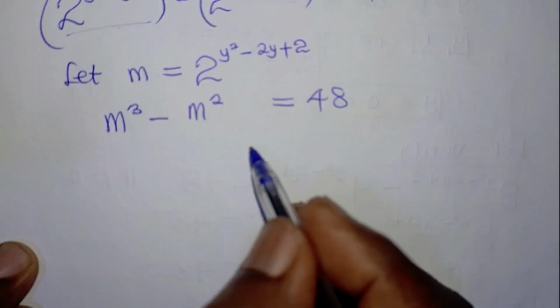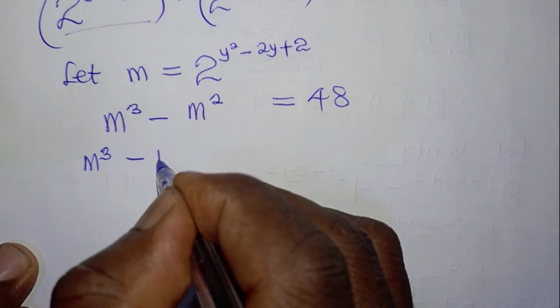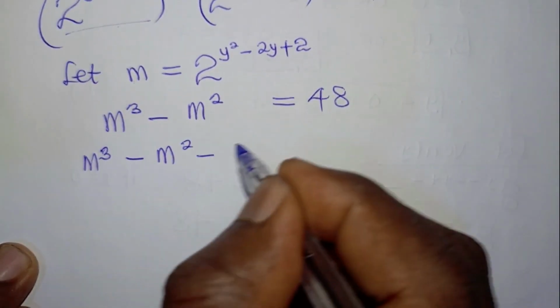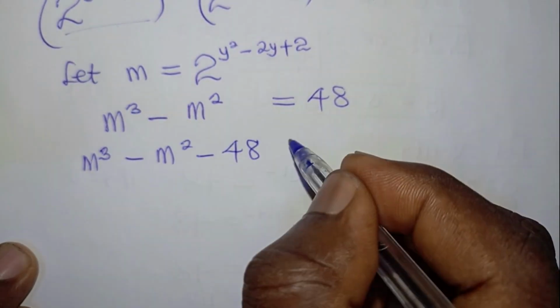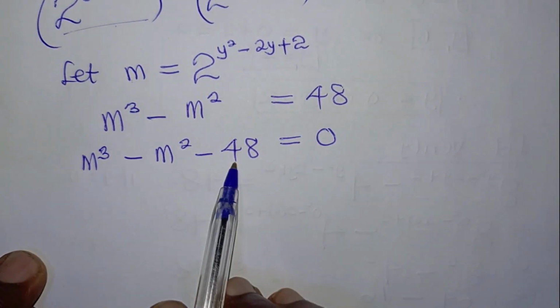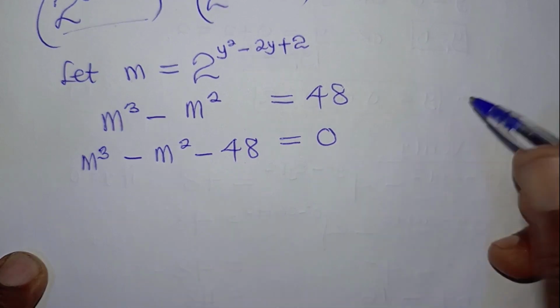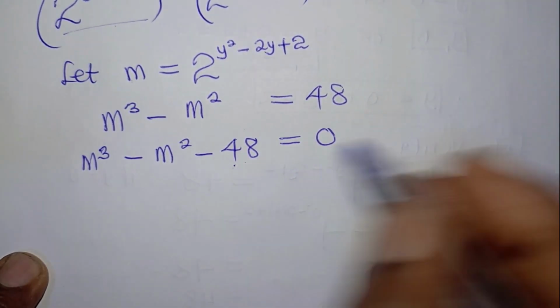We can rearrange the equation as m to the power 3 minus m squared minus 48 equals 0.